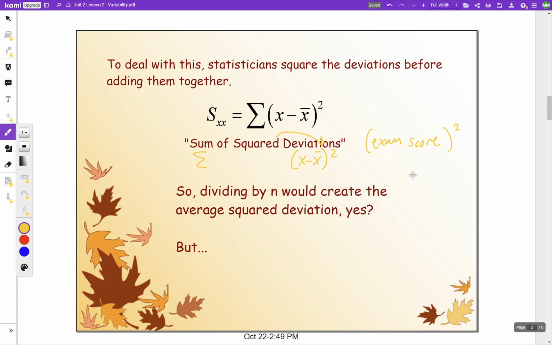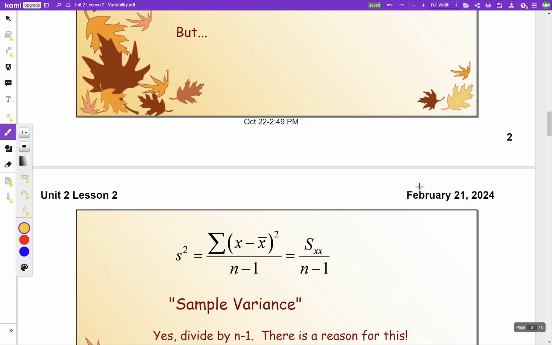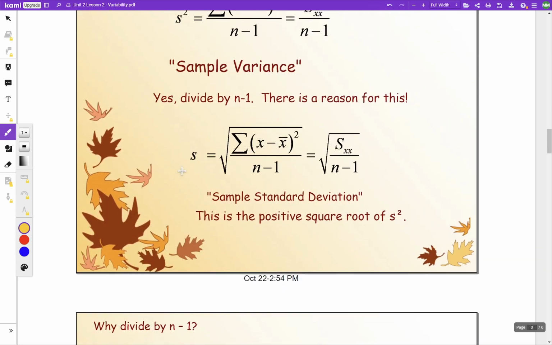Like, physically? I don't know. But it's a squared unit. So in order to do that, the square root removes the square and puts us back on the same unit of measure. That's the purpose of the square root.